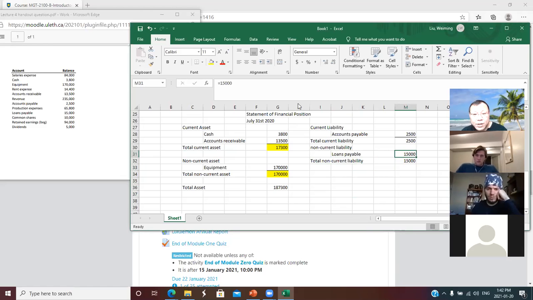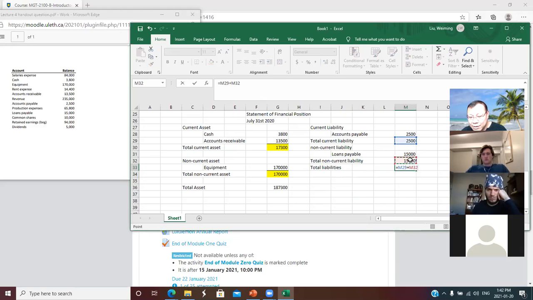So therefore it's equal to itself. So now my total liability would be current plus non-current. That's my total liability.